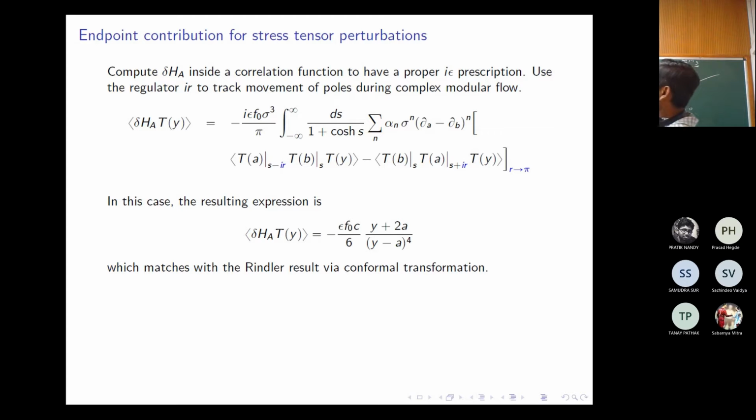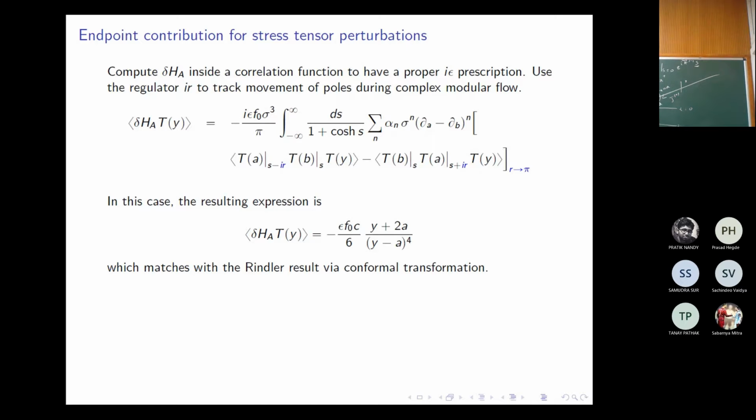But the thing to note from here is that even if you write GA in this form, which, as I said, is a bit difficult to write for higher modular weights, ultimately when you put it in the Sarosugajin formula, you get delta H at T of Y, where T of Y is some spectator probe operator. So Y is some faraway operator initially, but it can be anywhere.